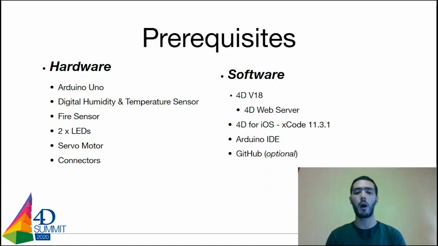To program our Arduino, we'll be using the Arduino integrated development environment. Optionally, we'll be using Git technology. In this case, we've opted for GitHub for version control and distributed development.